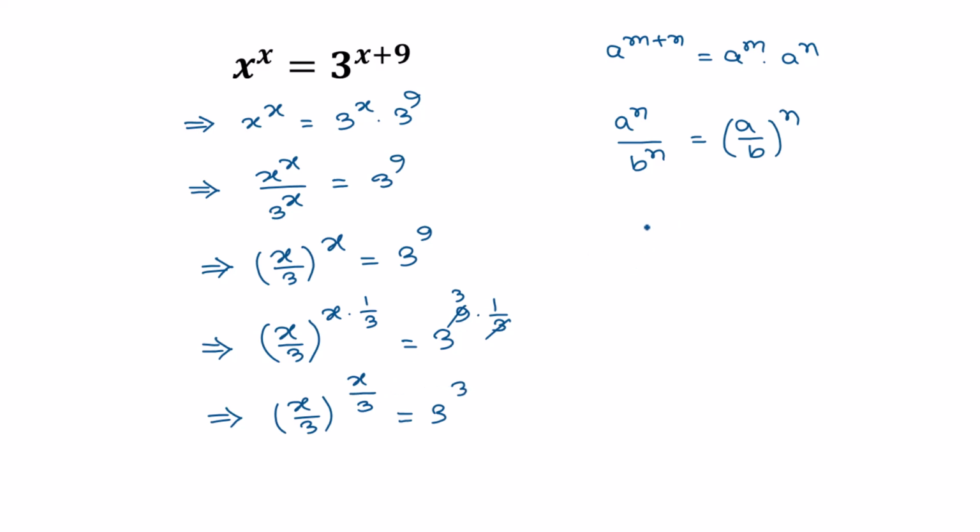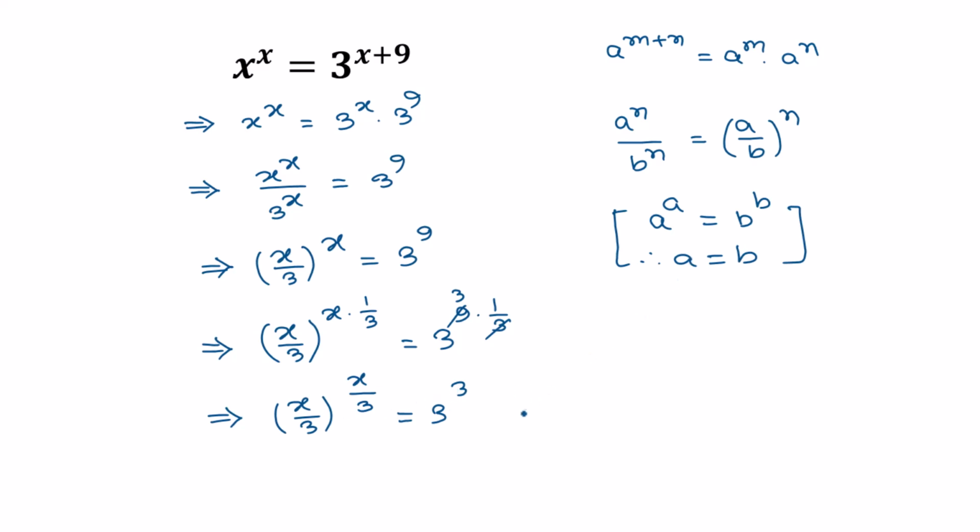Now applying this formula, when a to the power a is equal to b to the power b, then comparing we can write a is equal to b. So applying this formula, here x over 3 as a, so a to the power a is equal to 3 as b to the power b.